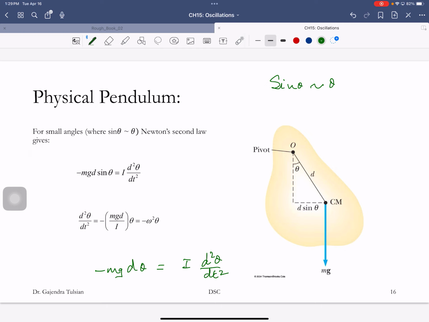So minus mgd over I times theta(t) equals d squared theta by dt squared. All these quantities are positive, so we'll call it omega squared. All right, so you get the same equation. Omega squared is mgd by I, and d squared theta by dt squared plus omega squared theta(t) equals 0.